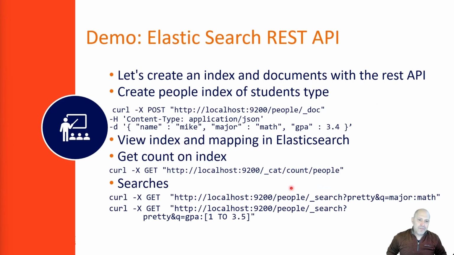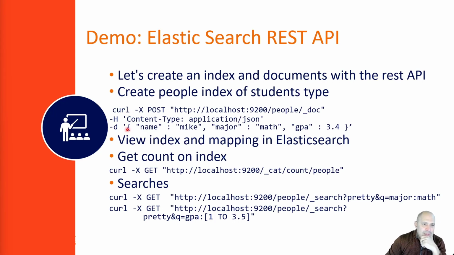Okay, we're going to get down and dirty and do a demo here. What we're going to do is create this people index. And then we will have a default type of doc in that people index. And that doc will be our default index type. And we will use curl, which is a command that you can use to send HTTP requests from the command line.